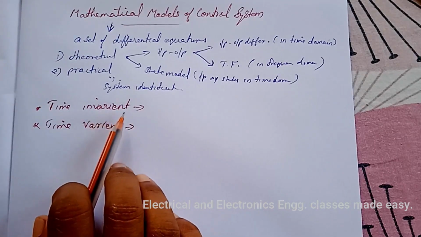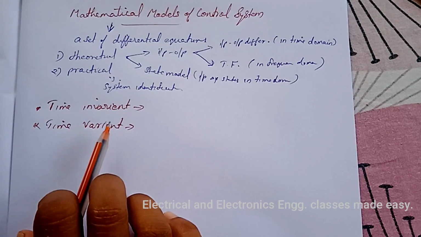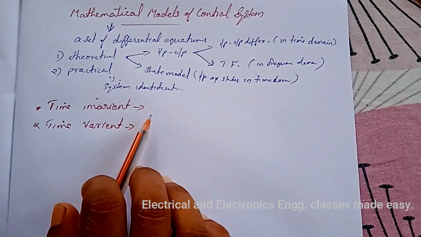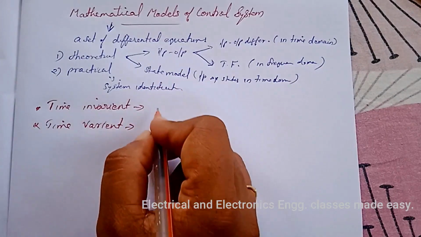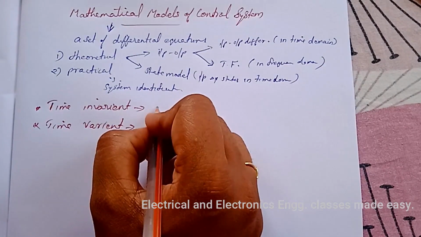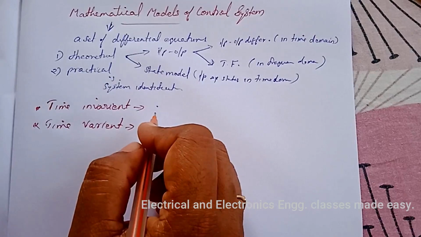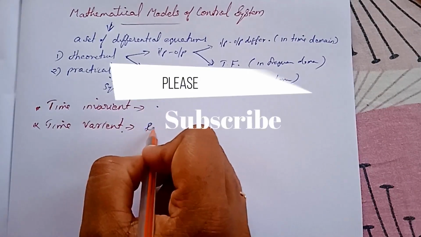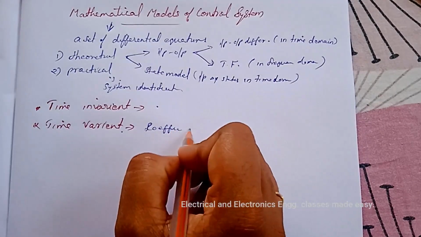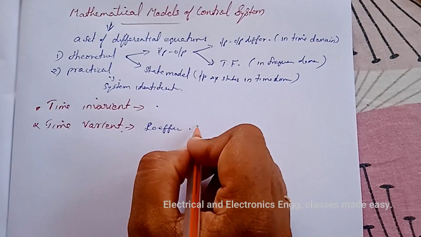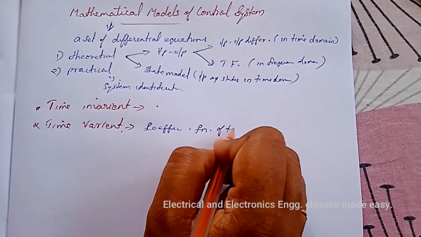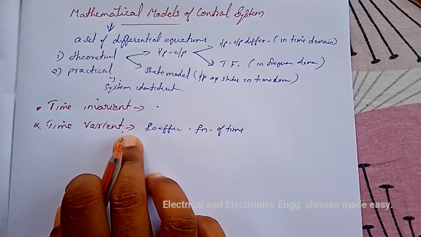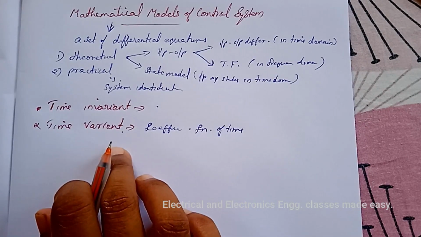Next is time invariant and time variant systems. If the coefficients of the differential equations governing the system are functions of time, then it is called time variant or time varying.